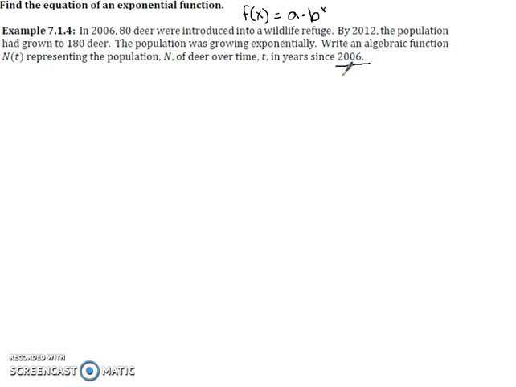So 2006 is our starting year, which means that the number of deer in 2006 is my initial amount. They tell me that I had 80 deer in 2006. So 80 is my initial.